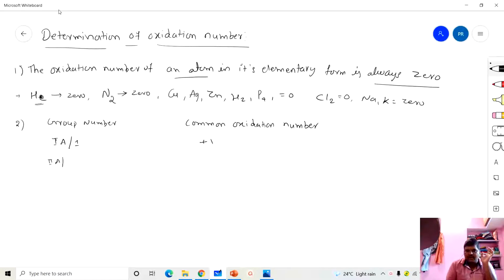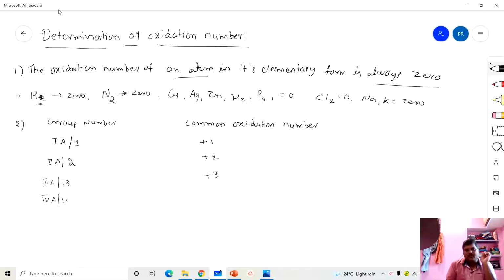Second A or second group, +2. Third A or 13th group, +3.